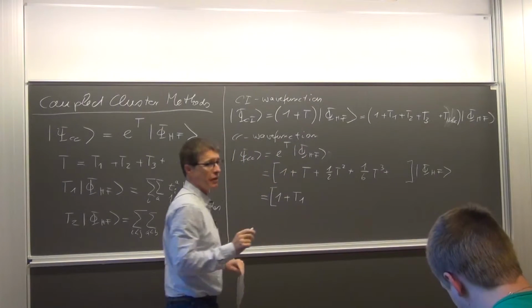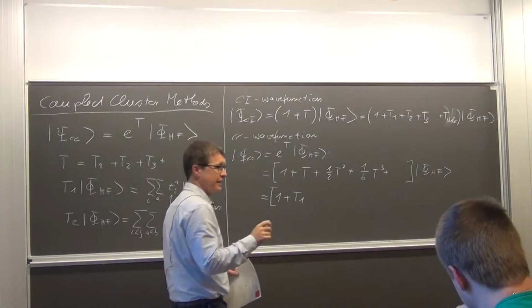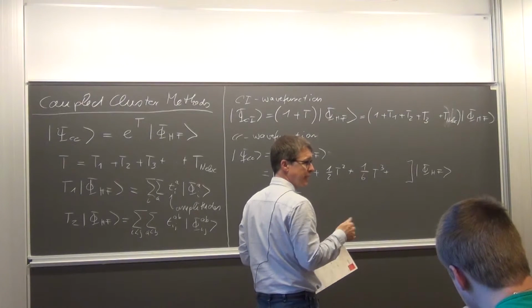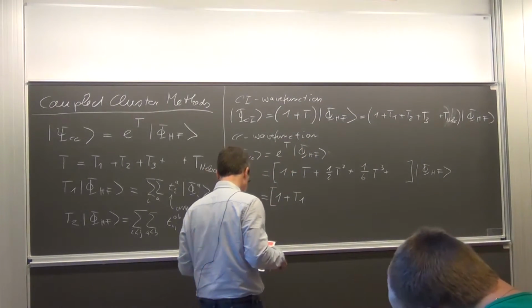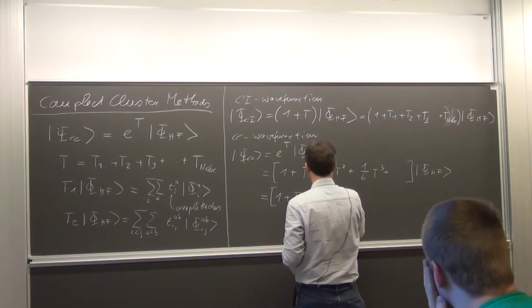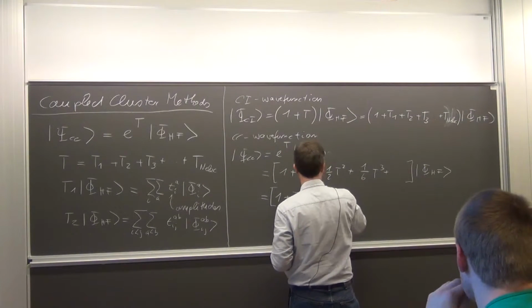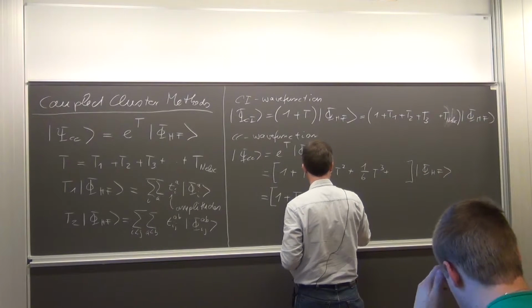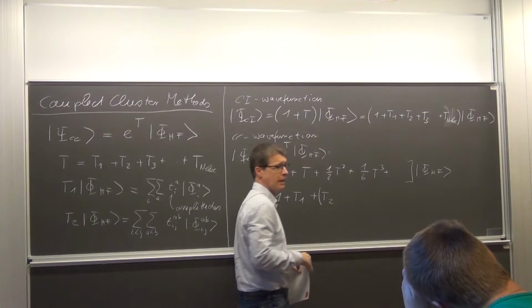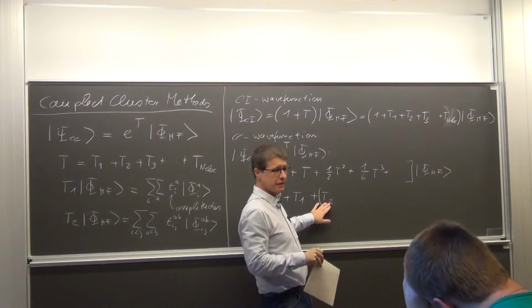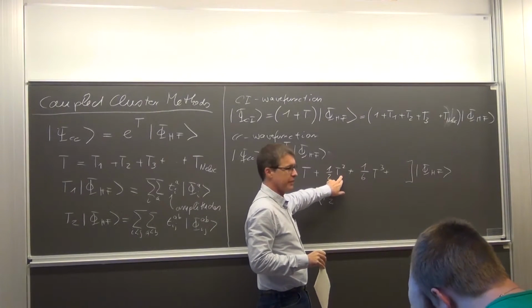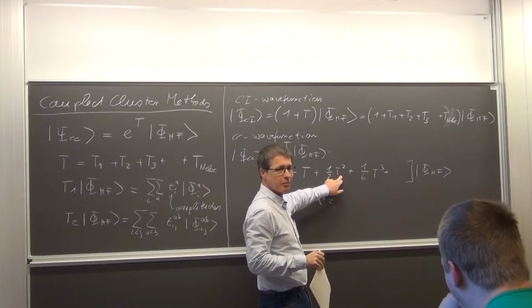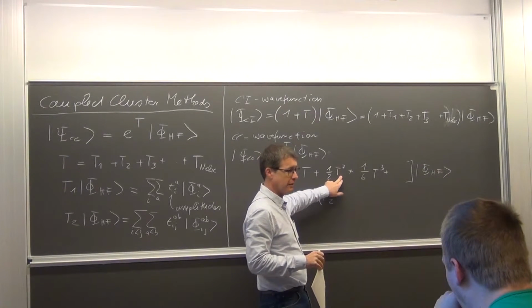And what I want to do now is collect them in the same excitation level. So I get T1, then from this I get T2. That's a double excitation, or that generates double excitations. But if I look ahead, the next term is 1/2 T squared.